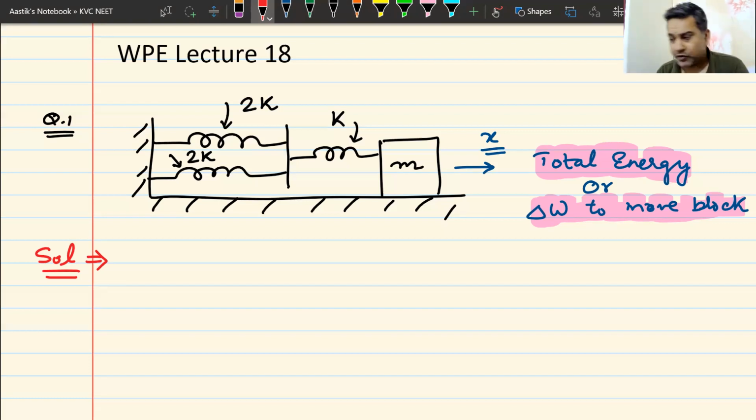Okay, the question comes to you. Anyone with an answer? Two springs are put like this.